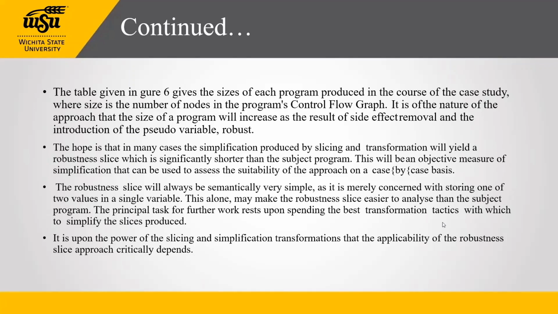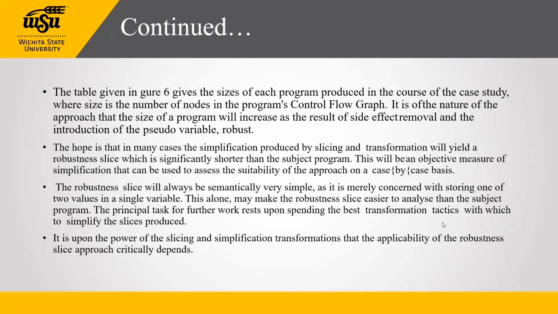This will be an objective measure of simplification that can be used to assess the suitability of the approach on a case-by-case basis. The robustness slice will always be semantically very simple, as we have seen in the previous slides, as it is merely concerned with storing one of two values in a single variable.